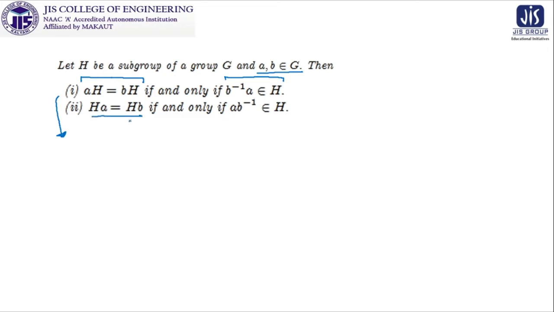Ha is equal to Hb if and only if ab inverse is in H. So these are the properties that are sometimes required for verification.